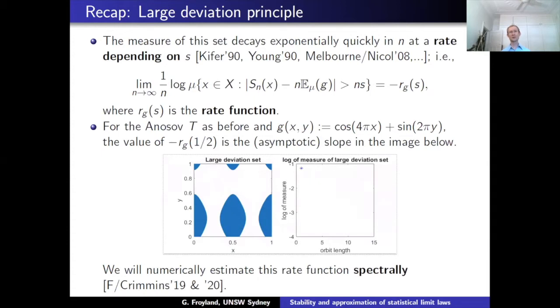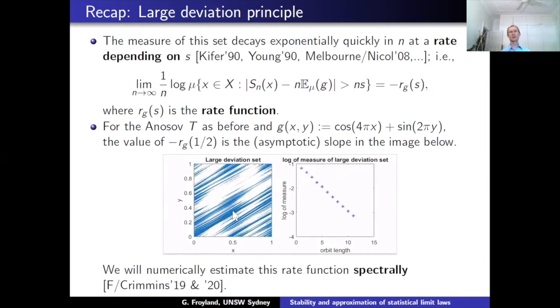As I let this run, I'm plotting on the left the set where the Birkhoff sum exceeds the mean by a threshold s on average. This set should decay exponentially fast in size. It maybe doesn't really look like that. It looks like it for the first few iterates, but then finite pixel size kicks in.